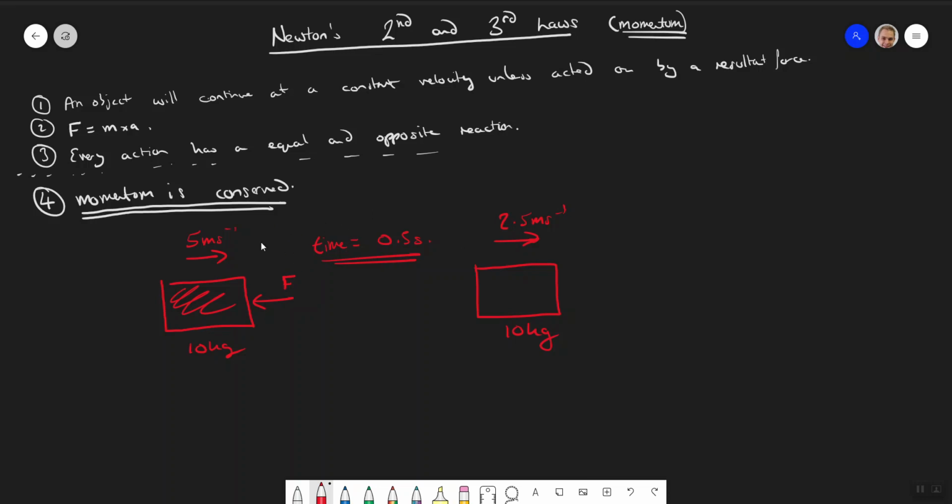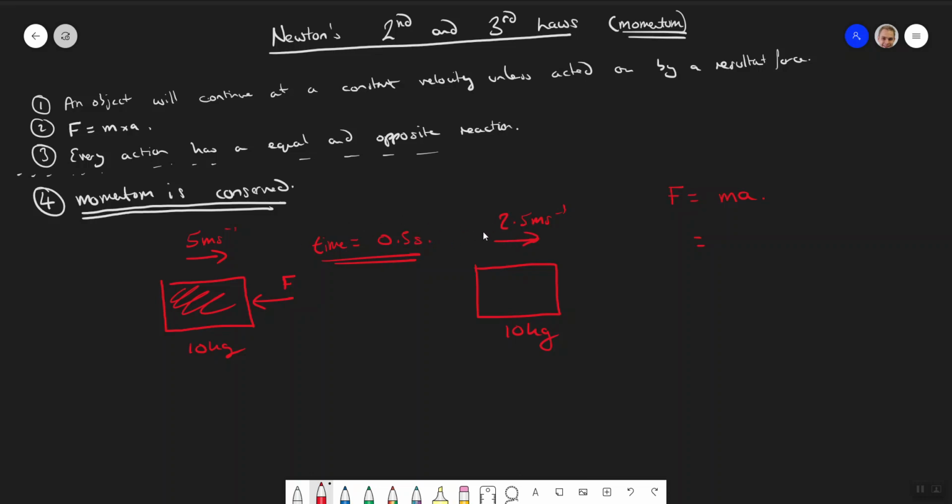This occurs. What are the things that we can work out? Can we work out the force? F equals ma. The acceleration is the change in velocity over the time.